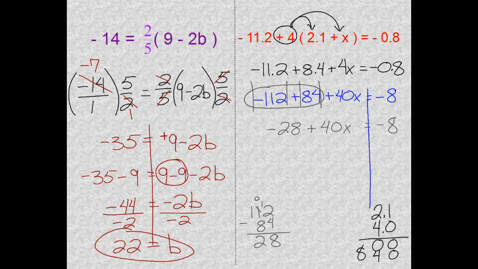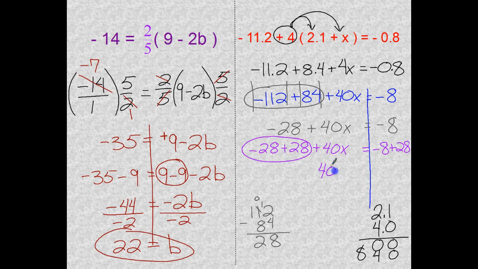And here we go, just like robots, get our like terms together. So we're going to add 28 to both sides. These are gone.